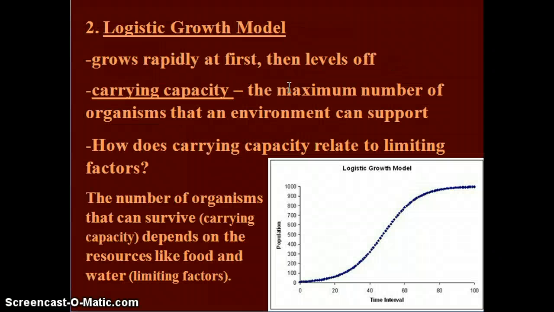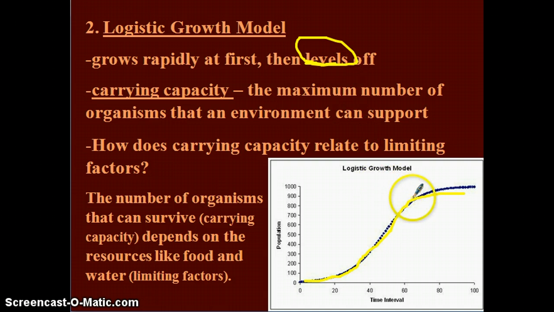The second type of growth, population growth model, is what we call logistic. And if you look at it, you can see that it starts off slow. There is some growth, and it takes off, and then it levels off. It grows rapidly at first, and then levels off is the key hint that you need to look at.